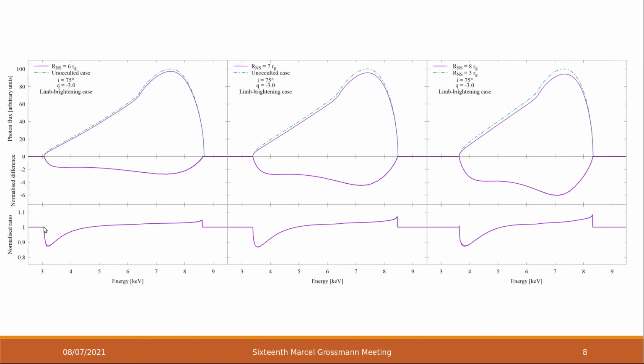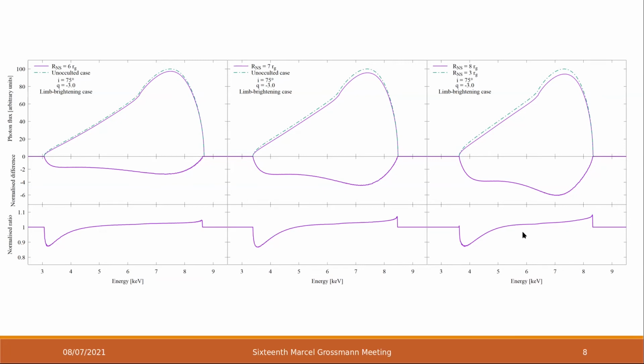And this is then normalized to the average value of the ratio, and you can see that since this is not a flat ratio, this is a signature that you will see in the spectra, provided you have enough sensitivity. So it will leave a signature on the spectra which is not simply renormalizable.